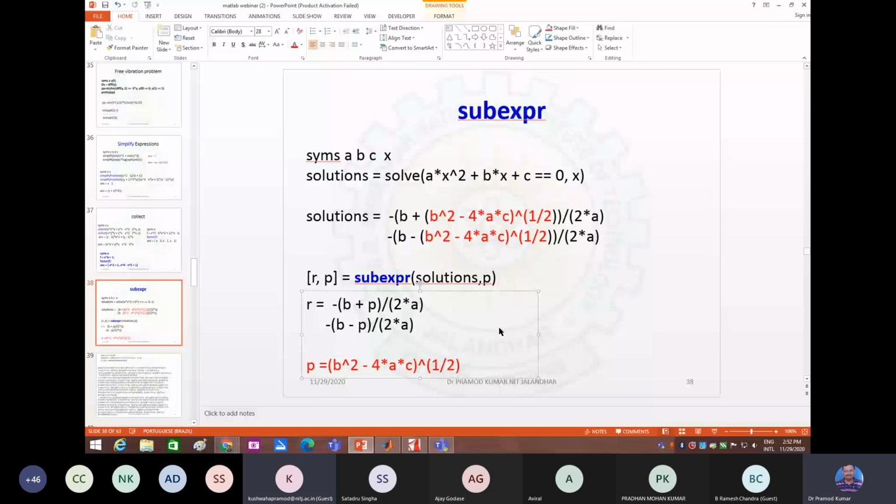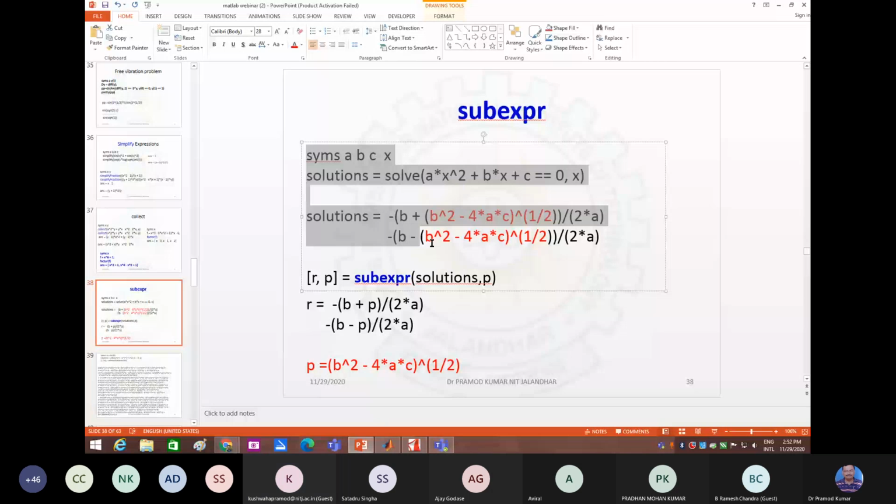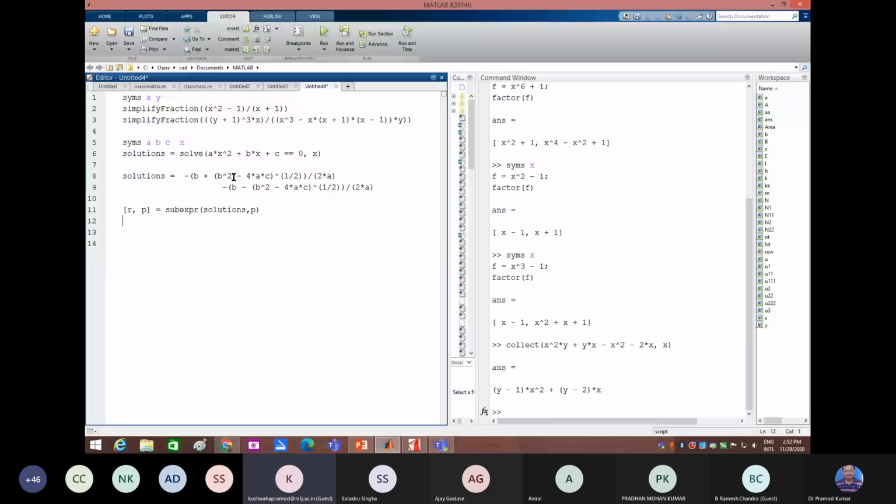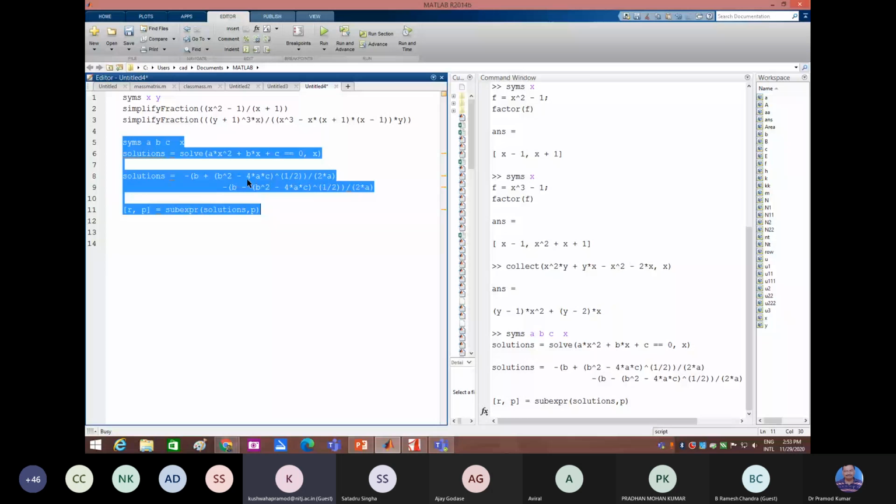You can just see this, because unless you see, you will not find how it works. Common things will be taken outside. Here, write all this. Just see, you will get the result out of this.